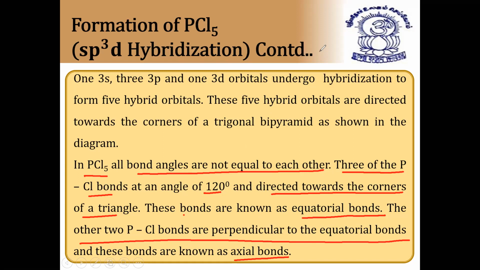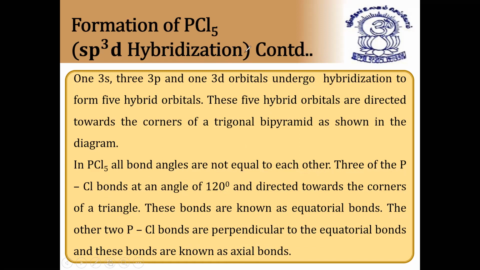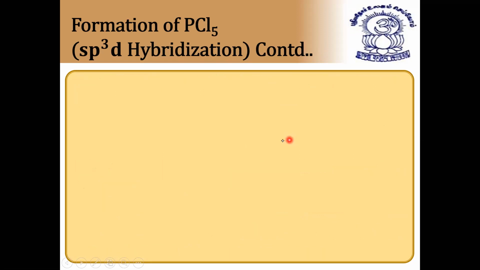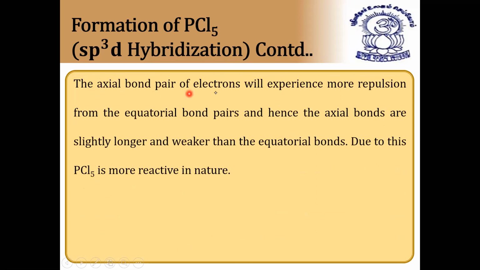So this matter is very, very important from the objective point of view. And due to this, what happens? The axial bond pair of electrons will experience more repulsion from the equatorial bond pairs, and hence the axial bonds are slightly longer and weaker than the equatorial bonds. Due to this, PCl5 is more reactive in nature.